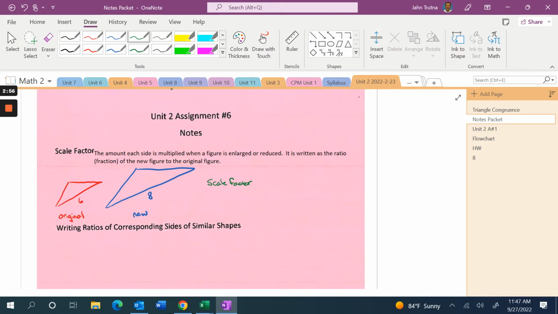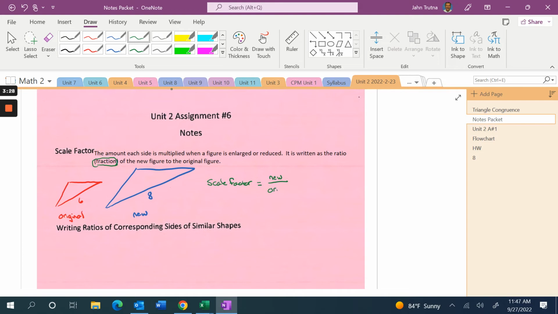It's the amount that I would enlarge the red triangle so that it matches up exactly with the blue triangle. And the way we write scale factor is as the ratio, which means a fraction. We are always going to write scale factor as a fraction, and it's always the fraction of the new figure to the original figure.